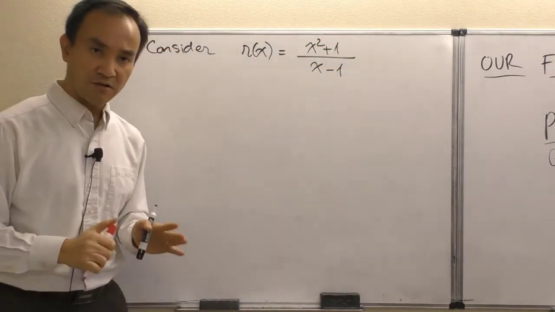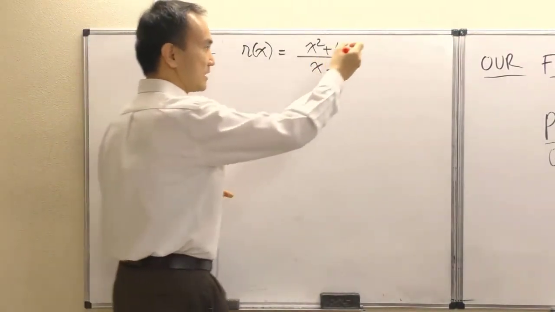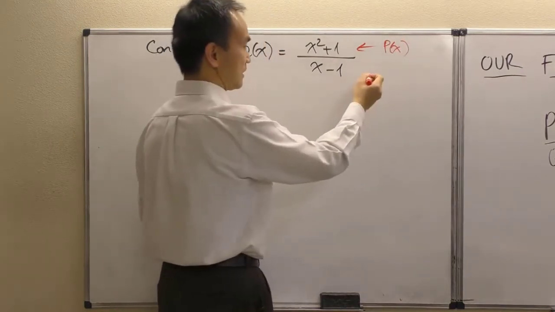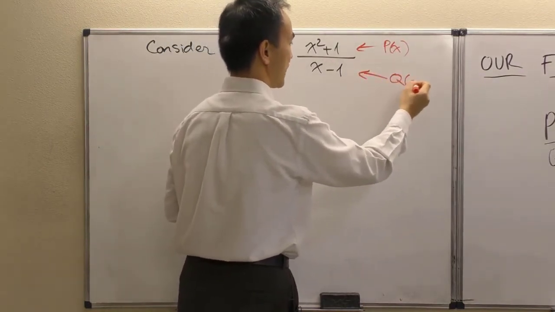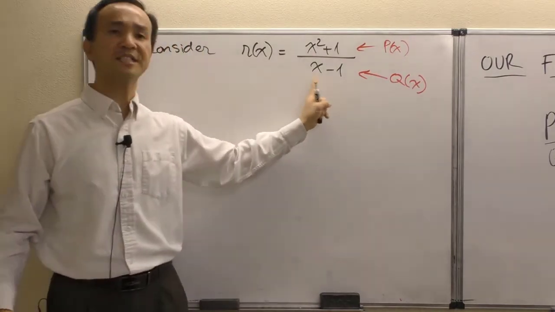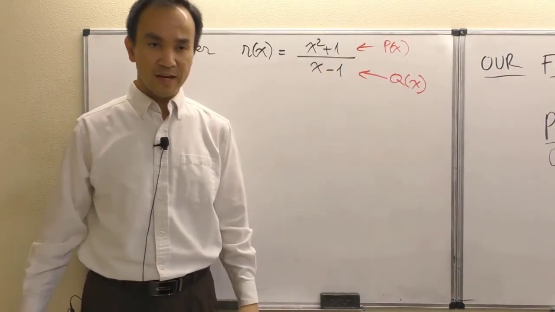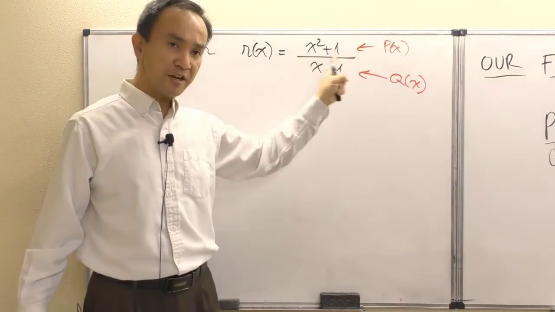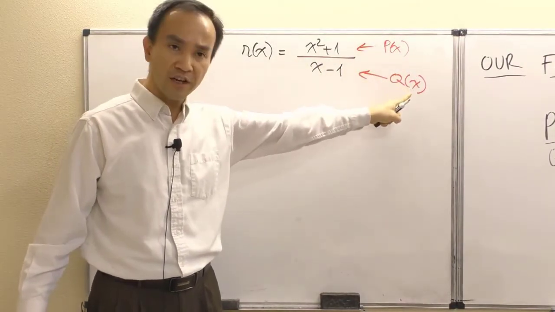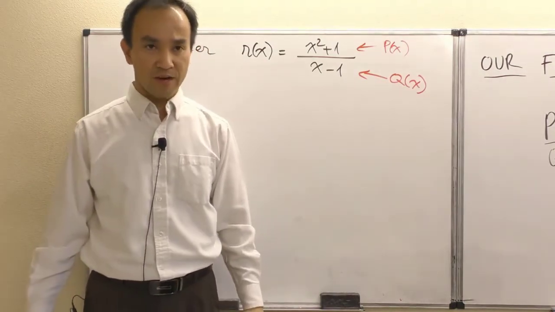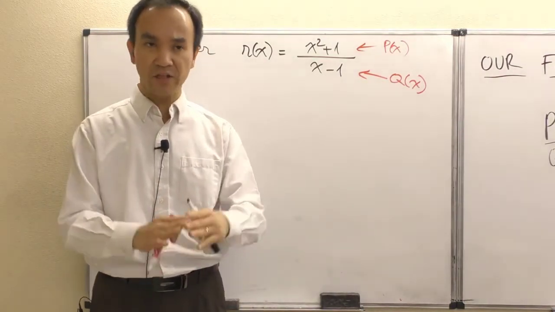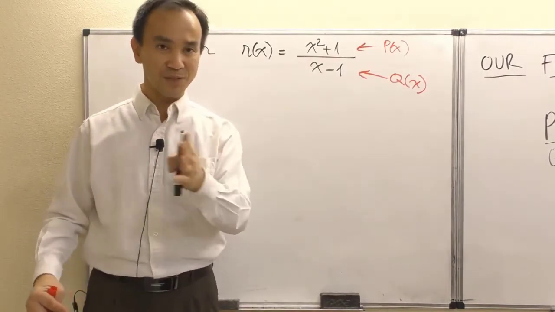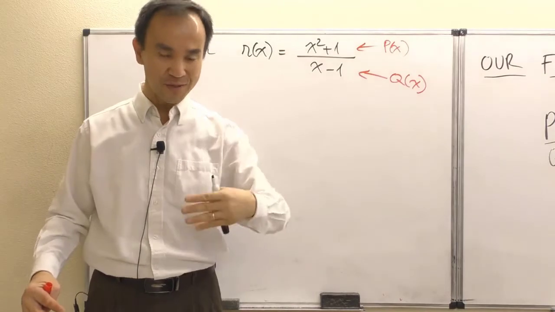In our understanding of a rational function, we can see the numerator p of x being a polynomial. The one in the denominator is a q of x being a polynomial, and further it's other than a constant. I emphasize that because the value of the denominator can change depending on what input x we're giving it, and some input x may cause the denominator to equal 0. That's where it's bad for being a fraction.